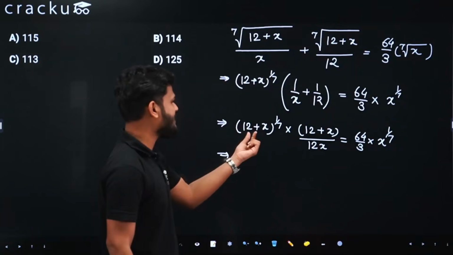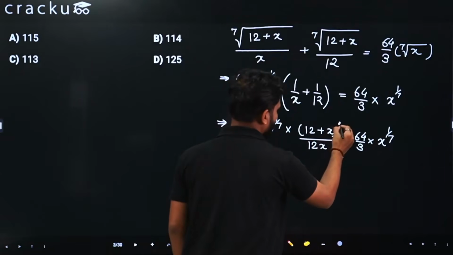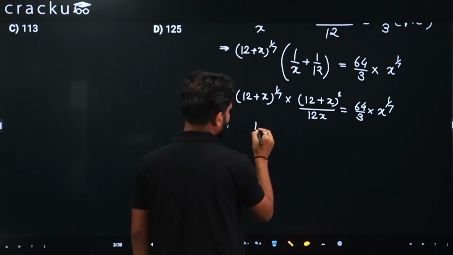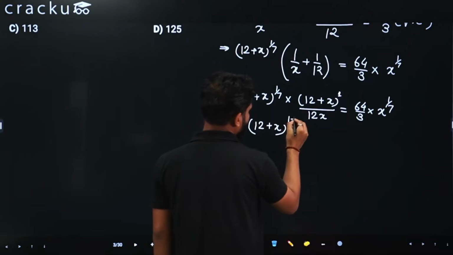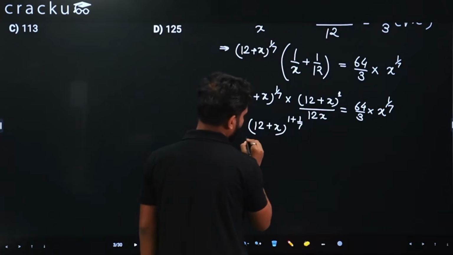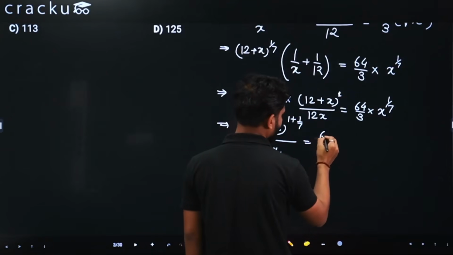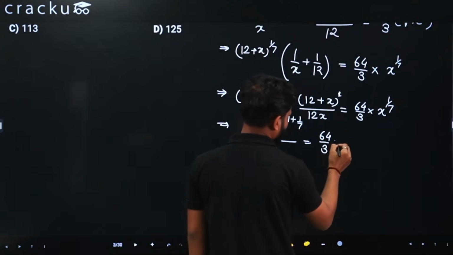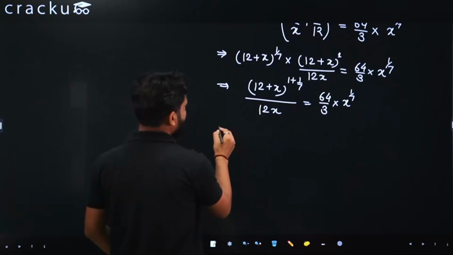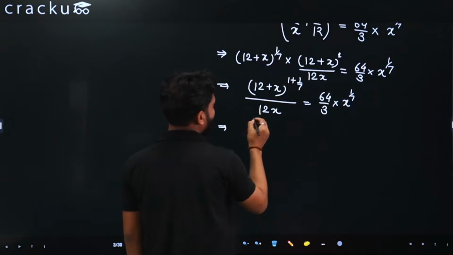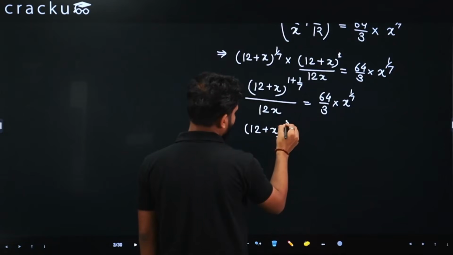Now what is 12 plus x raised to 1 by 7 into 12 plus x raised to 1? This is nothing but 12 plus x raised to 1 plus 1 by 7 upon 12x is equal to 64 by 3 into x raised to 1 by 7, right? Now this is what? This is 8 by 7. So 12 plus x raised to 8 by 7.